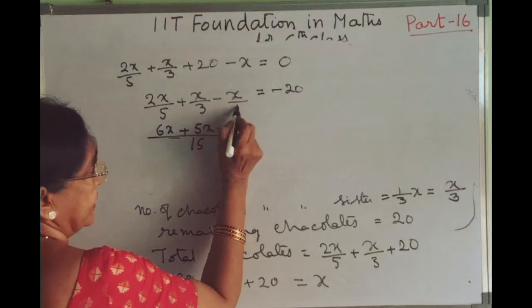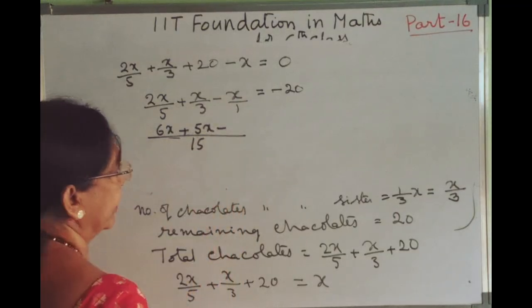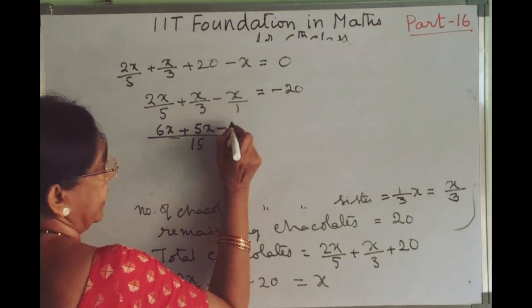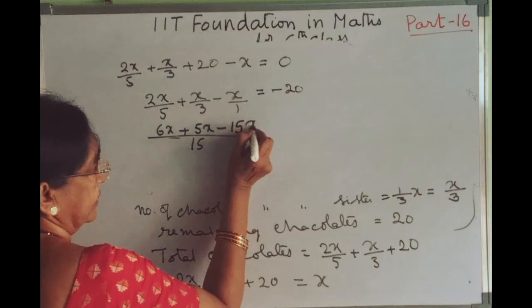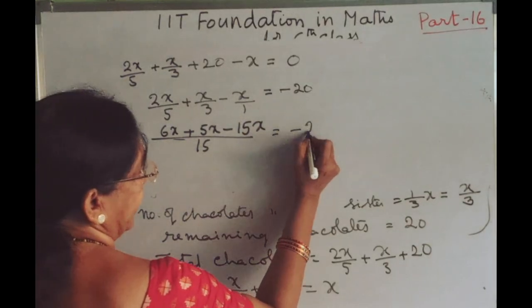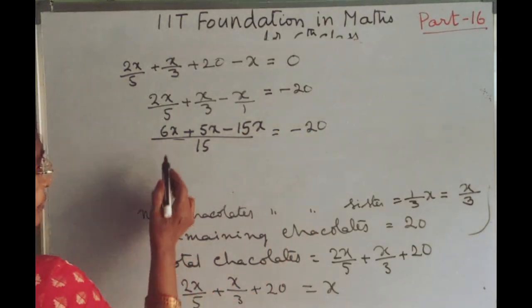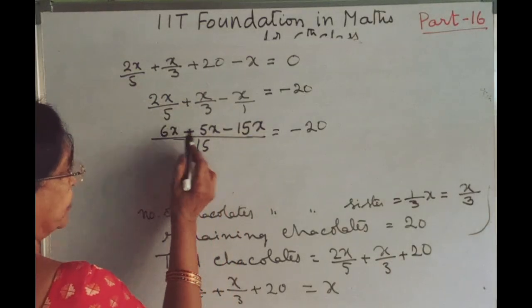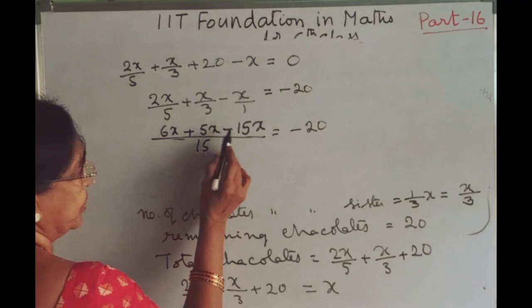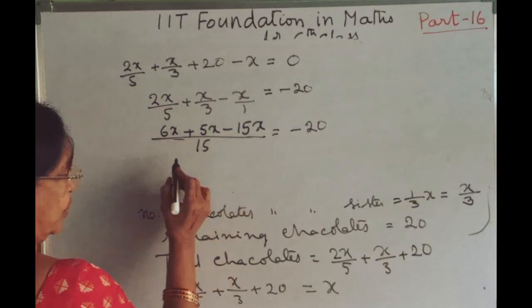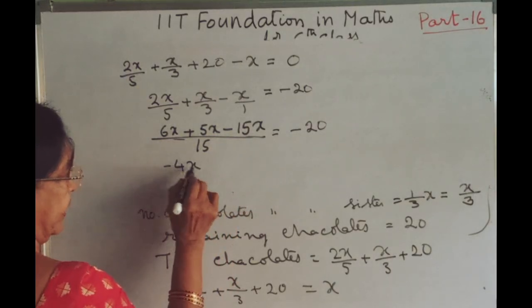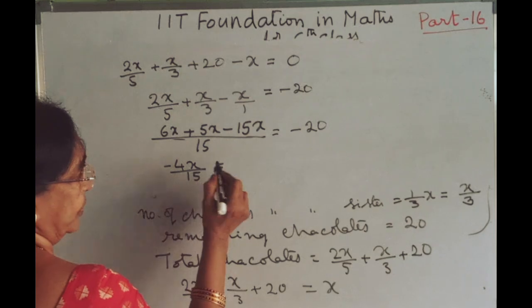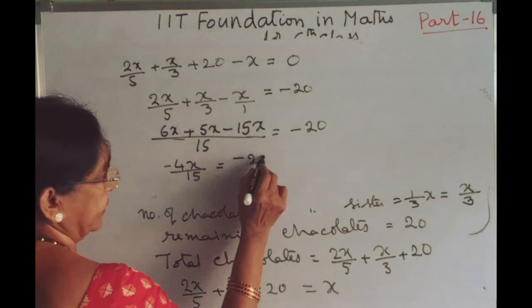Minus, this is x by 1. 15 divided by 1, 15. 15 into x, 15x is equal to minus 20. Now, these are all like terms. Therefore, we can add 6 plus 5, 11. 11x minus 15x. So, minus 4x by 15 is equal to minus 20.